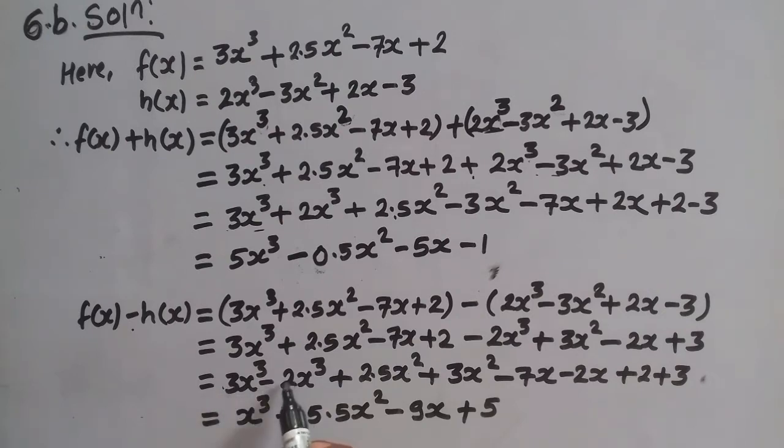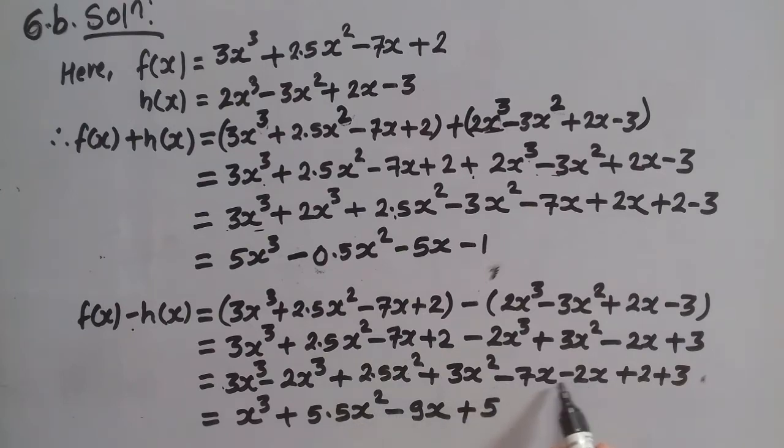So 3 minus 2 is 1, and we do not write 1 coefficient. X cube we have written base only, then 2.5, here is 3, both have plus sign, so we have to add. 2.5 plus 3 is 5.5, and base x square is written as it is.